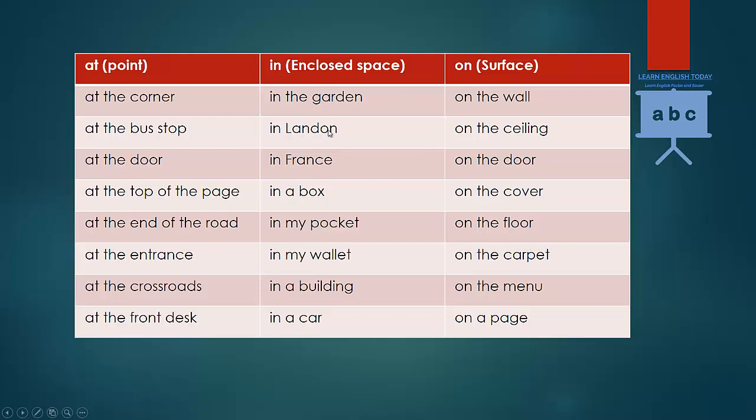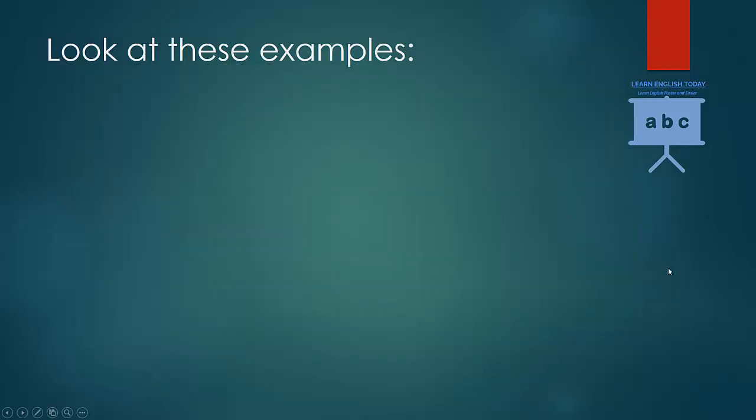For countries we also use in: in France, in a box, in my pocket, in my wallet, in a building, in a car. On is used for surfaces. For example, on the wall, on the ceiling, on the door, on the cover of a book or a magazine, on the floor, on the carpet, on the menu, and on a page.